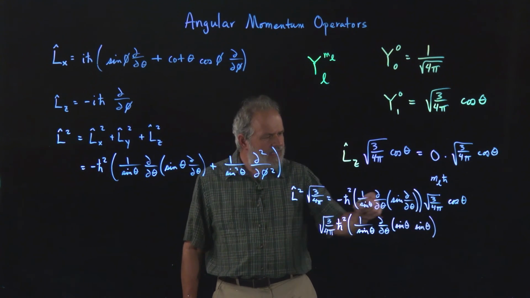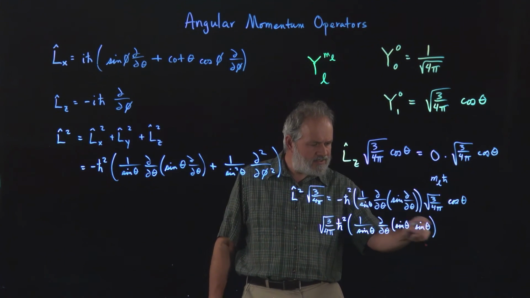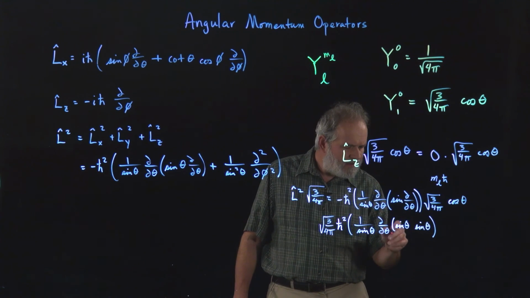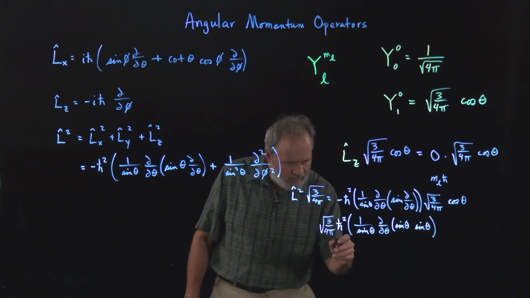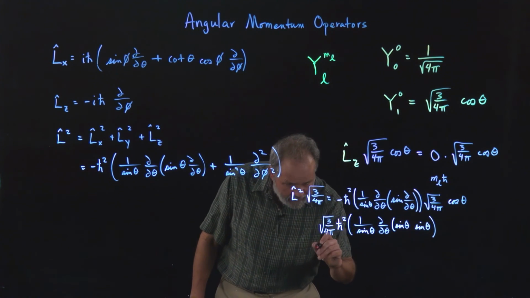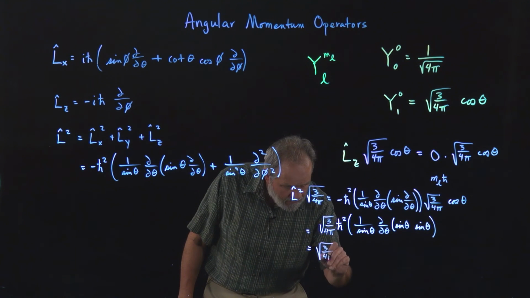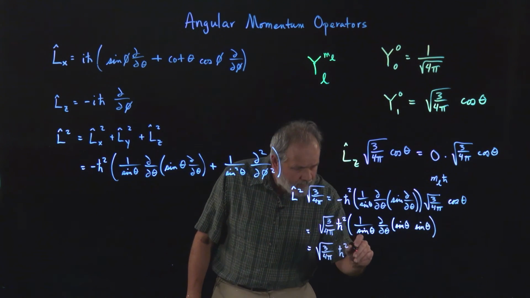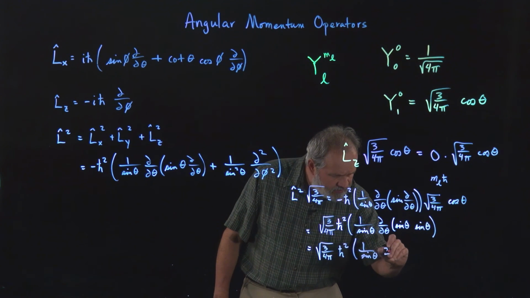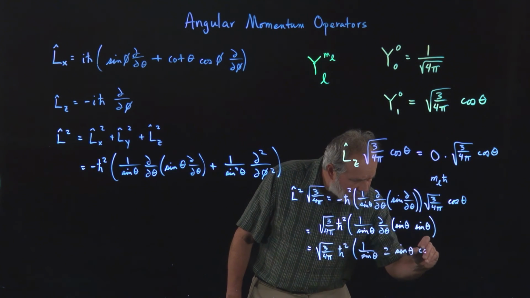So the next step after taking the derivative with respect to theta of cosine theta and getting sine, now I have sine times sine, which is sine squared, right? So what's the derivative with respect to theta of sine squared theta? Well, that's going to be 2 sine theta cosine theta, right? So all right, so 1 over sine theta, and then times 2 sine theta cosine theta.